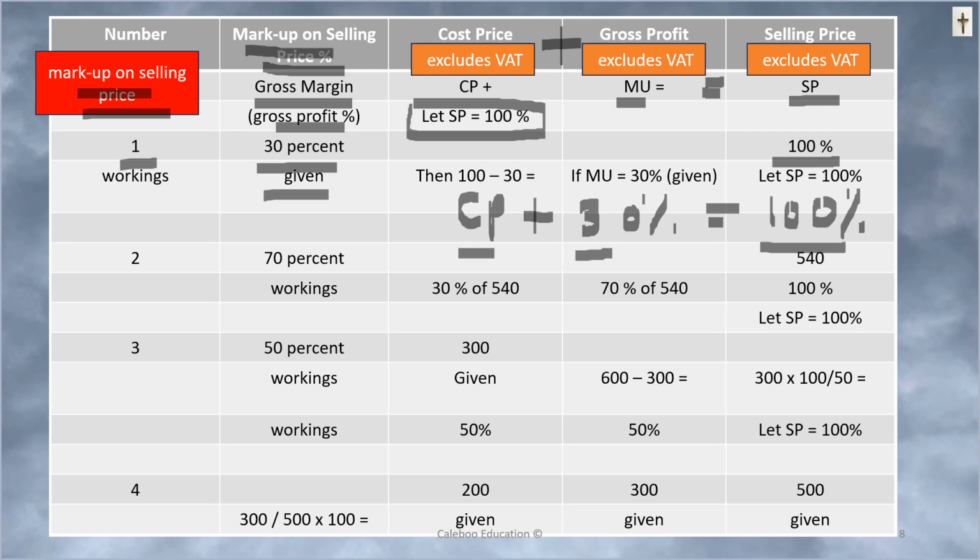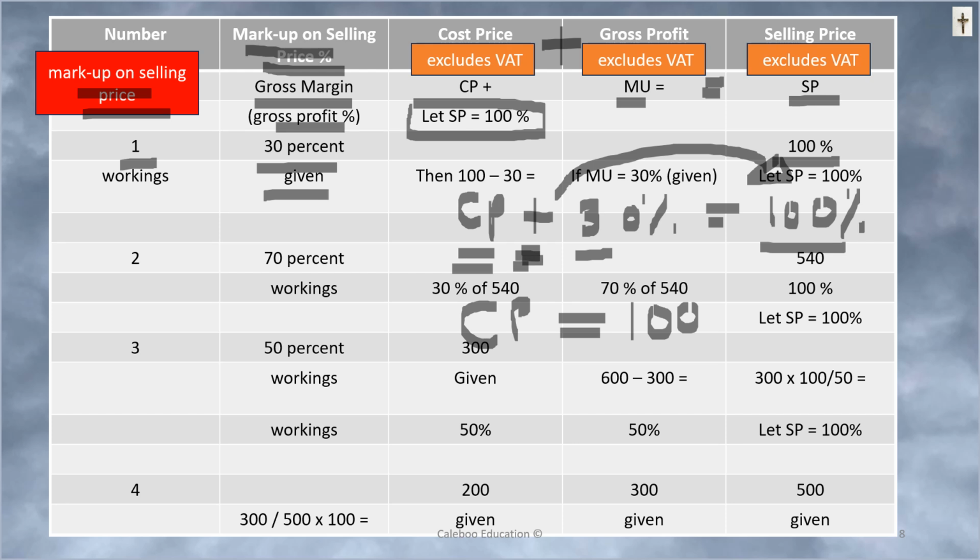And I'm going to do a little bit of maths here. I leave cost price on the left hand side. I make cost price the subject of the formula. And if I do that, I say cost price is equal to 100, and what I do is I take the markup of 30% to the right hand side, and according to maths rules the sign will change and that becomes minus 30.